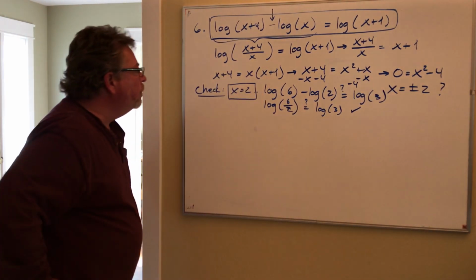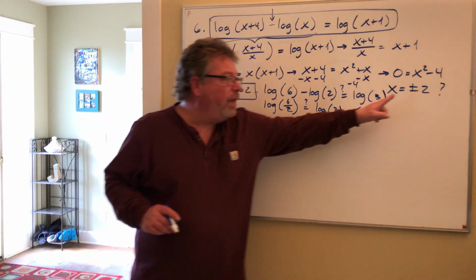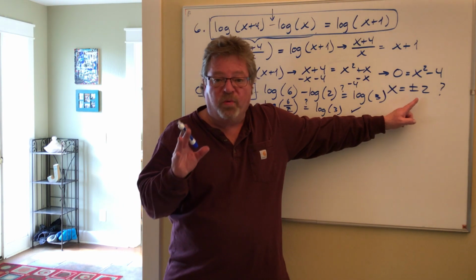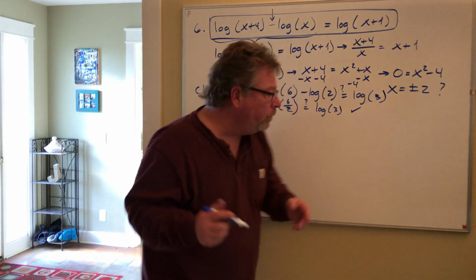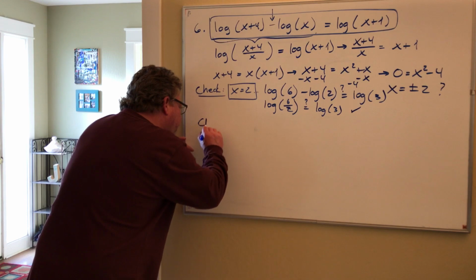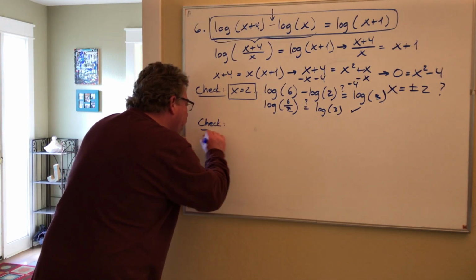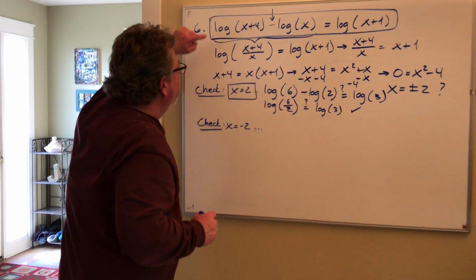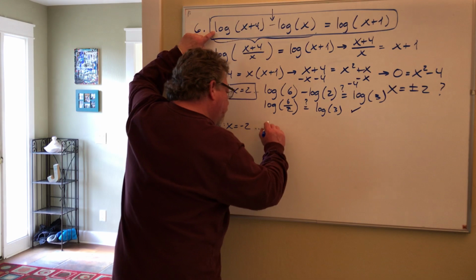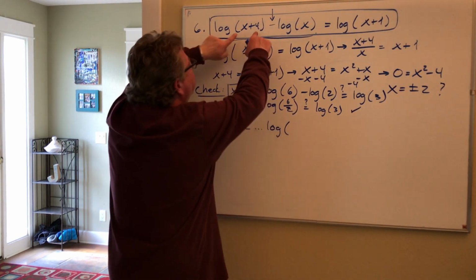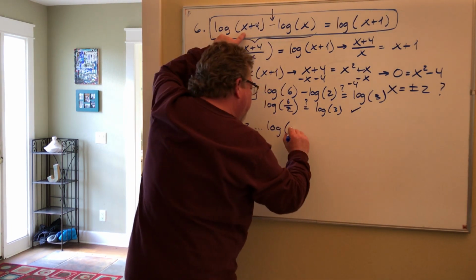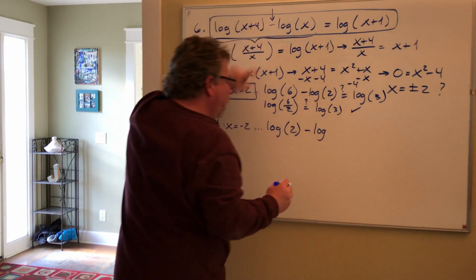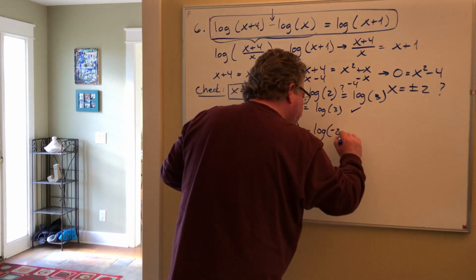So x equals 2 is a good solution. Now, does that imply that x equals negative 2 is not a solution? No, it does not. We've got to go and check it. So let's check x equals negative 2. When I do this, up here in the original equation, I have the log of negative 2 plus 4, which is 2, minus the log of negative 2.